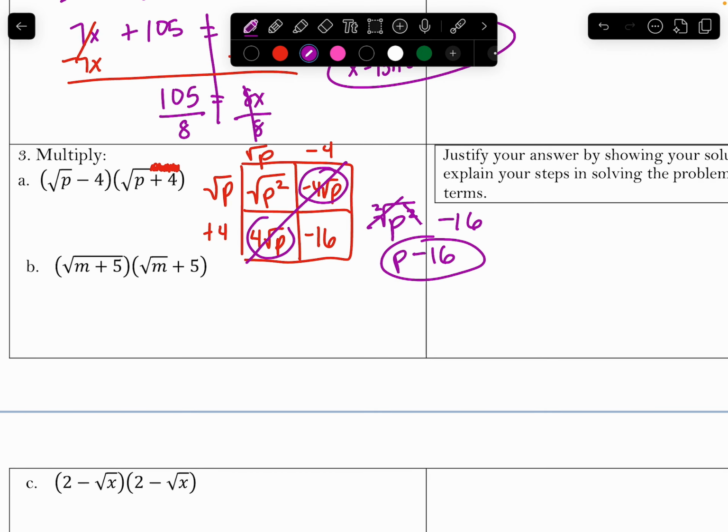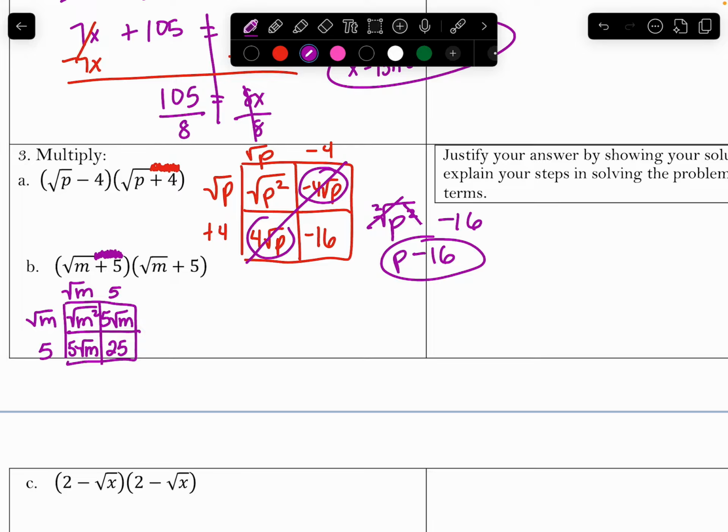Alright, number B, same thing here. Let's remove this and go ahead and do our box method, or let's call it the area model actually. Square root of m, 5. It's going to be square root of m squared. Outside number times inside, you cannot multiply together, so you just write it as it is.